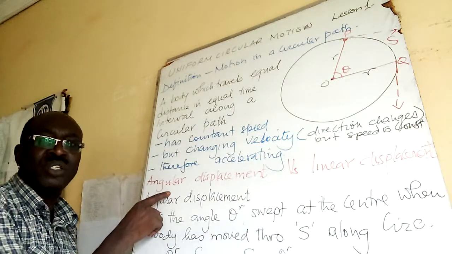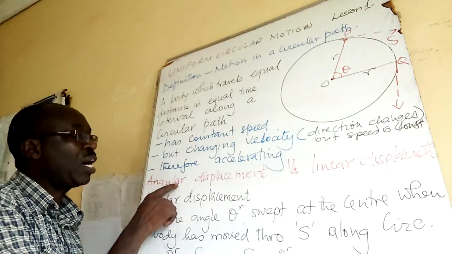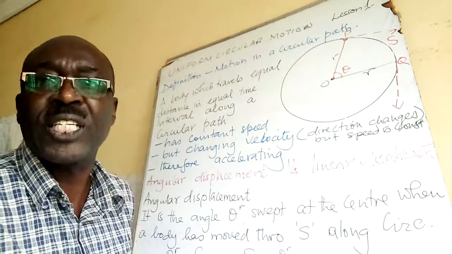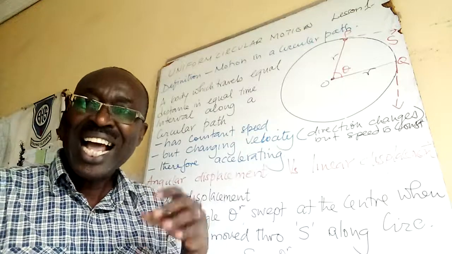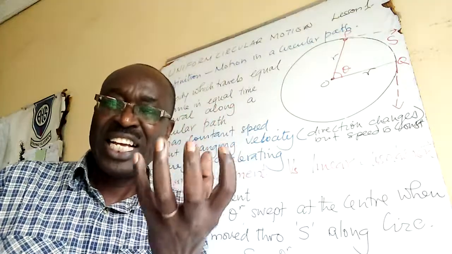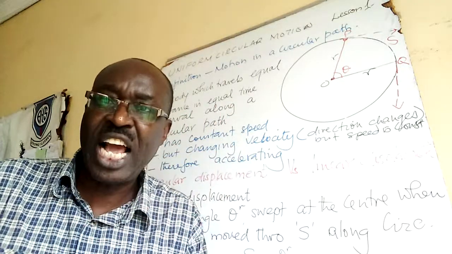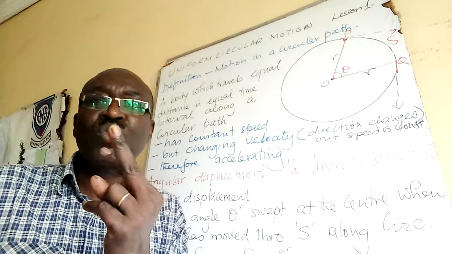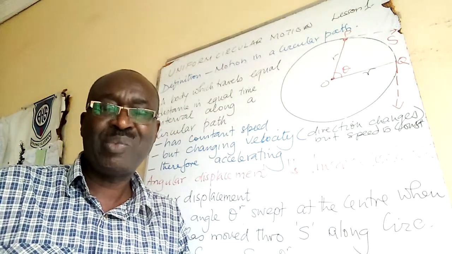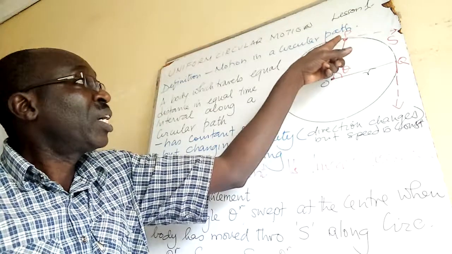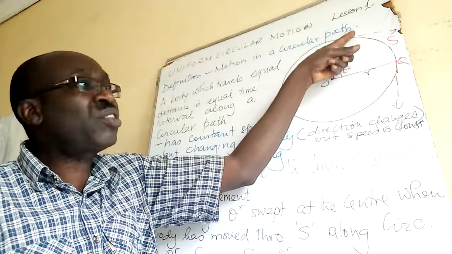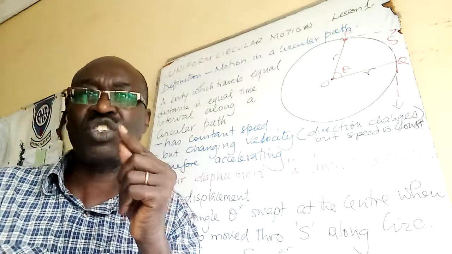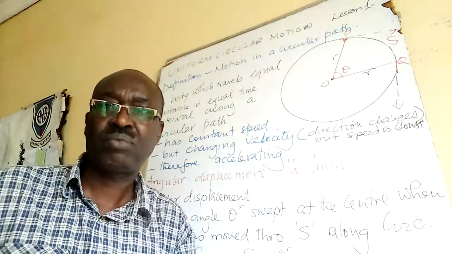Now, I want us to look at another thing here, angular displacement versus linear displacement. See, angular, the subject there is angle. Okay? So we have two terms. Remember, I told you, when I measure the length of path taken along the circumference, that one is called distance.